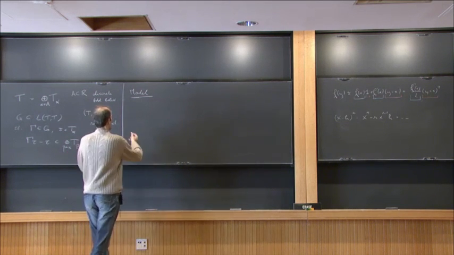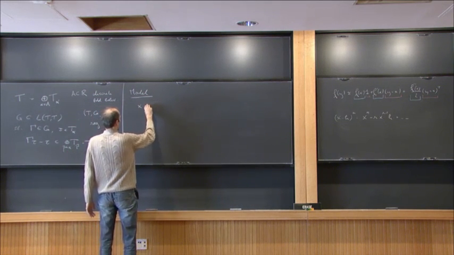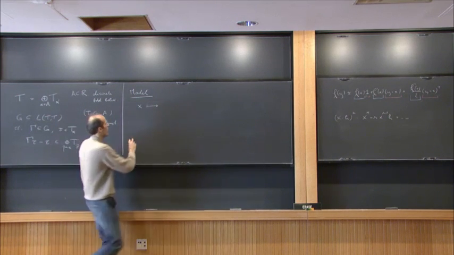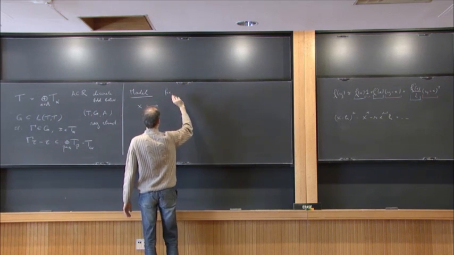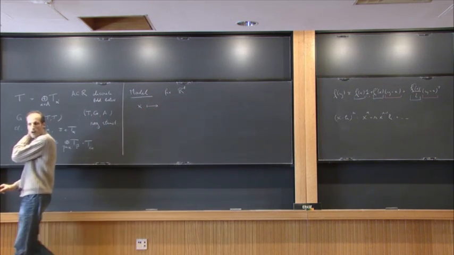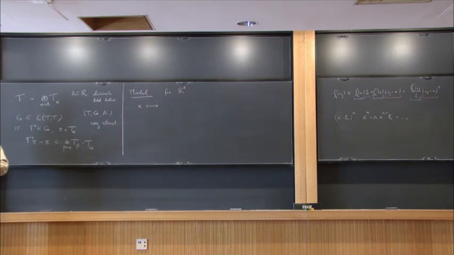Okay, so you want a map that for every point x, so now you fix some ambient space R^d. And in general, so in our case, we would think of R^d as really being space-time.